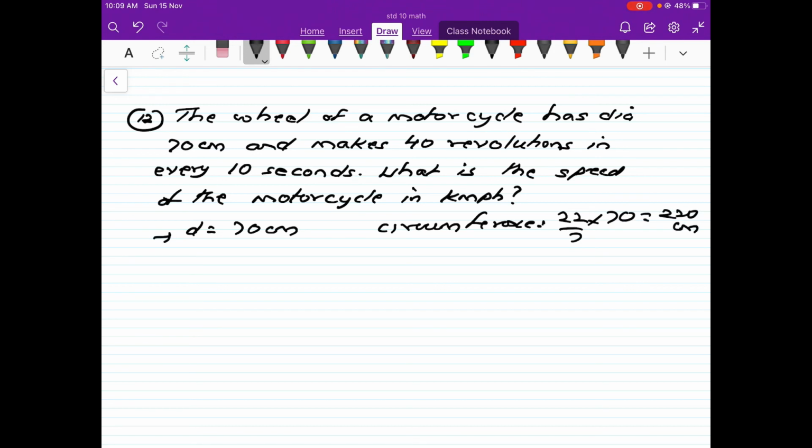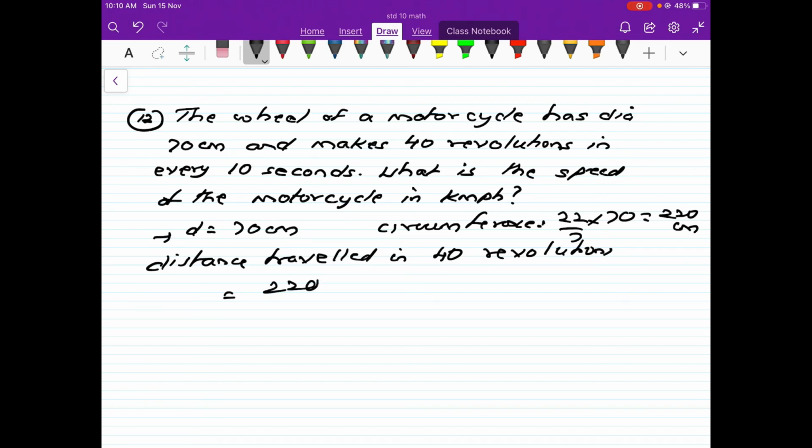Now the distance traveled in 40 revolutions. One distance traveled is always equal to a circumference. So the distance traveled in 40 revolutions will be the circumference into 40 times, because one revolution means one circumference.